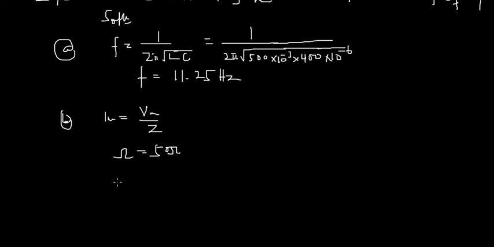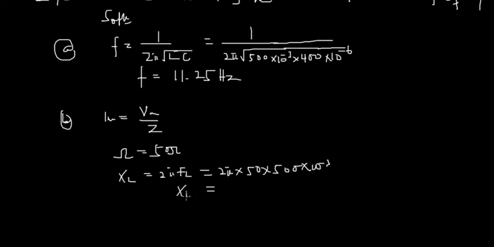From impedance calculation we know that XL is equal to 2 pi f L. So we have 2 pi times the frequency of 50, times the inductance of 500 times 10 exponent minus 3.